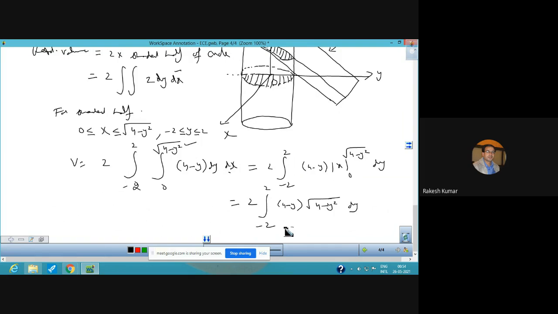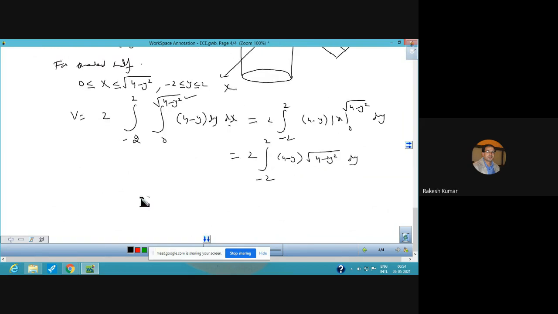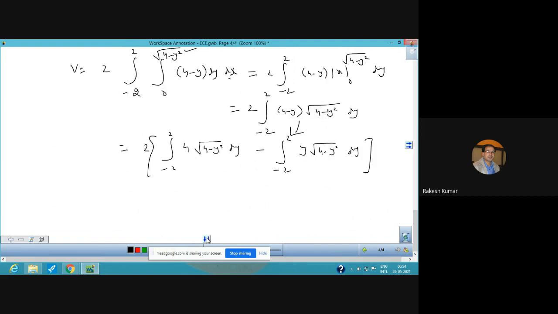Now we just need to simplify the integral, and the integral can be written as 2 times the integral from minus 2 to 2 of 4 times square root of 4 minus y square dy, minus the integral from minus 2 to 2 of y square root of 4 minus y square dy. So this integral has been separated into two integrals.